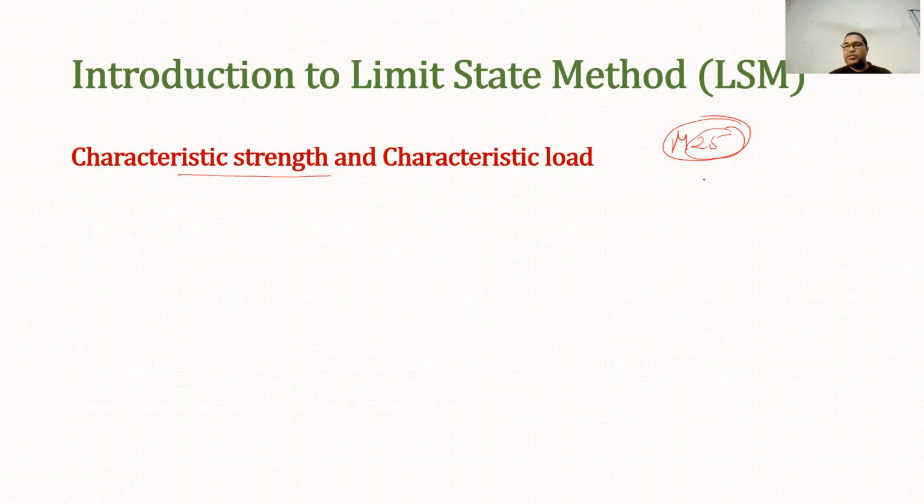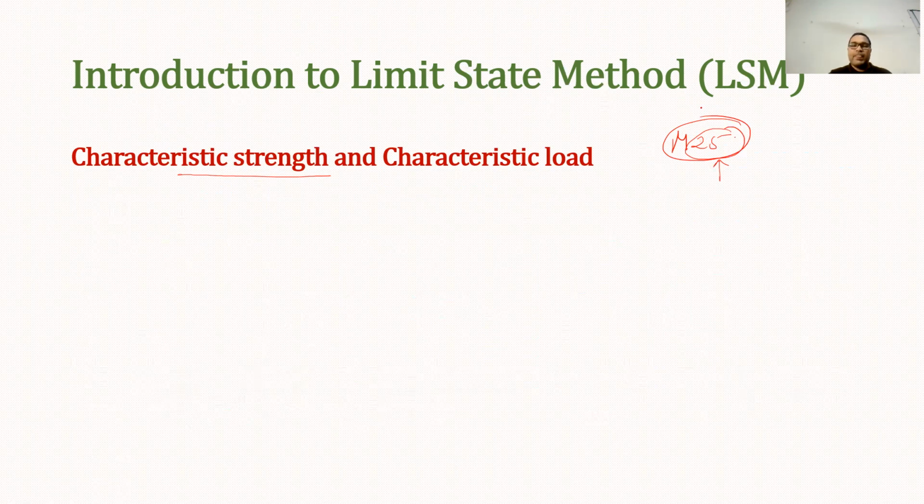But we know that the strength of concrete may be affected by various factors. Because of that, the concrete may not have a strength of 25 Newton per mm square all the time. So in the design calculation, I may not take all the different values.